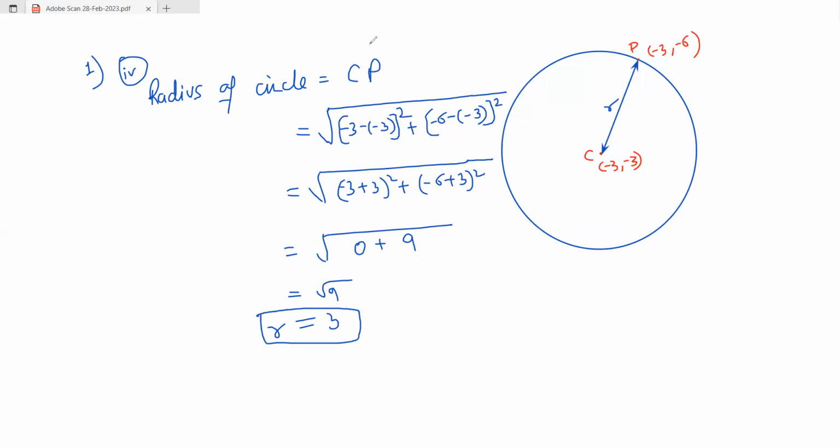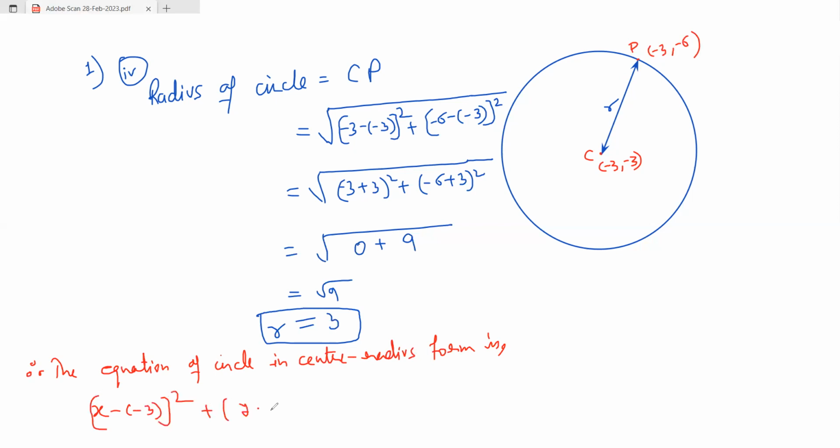Yes. Therefore, the equation of circle in center radius form is, x minus x coordinate of the center, x minus minus 3 square plus y minus minus 3 square is equal to r square, that is 3 square.